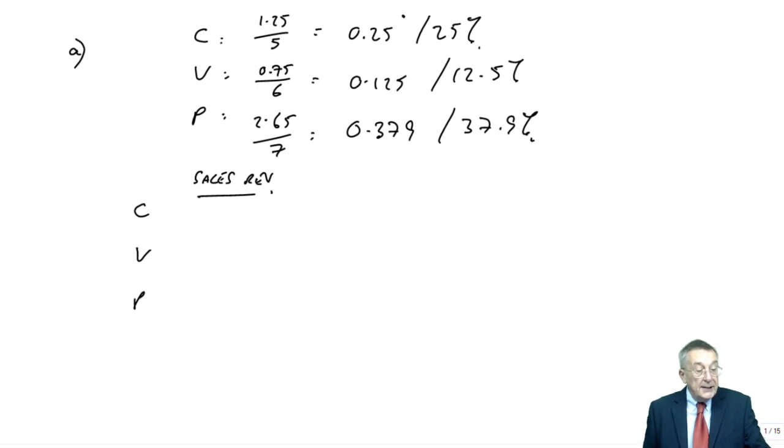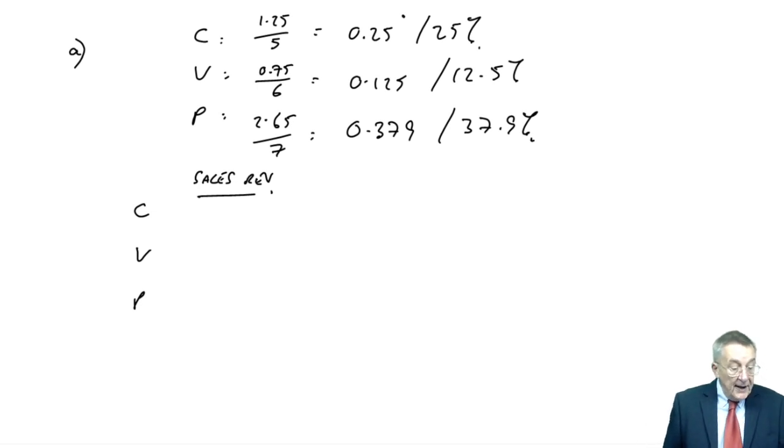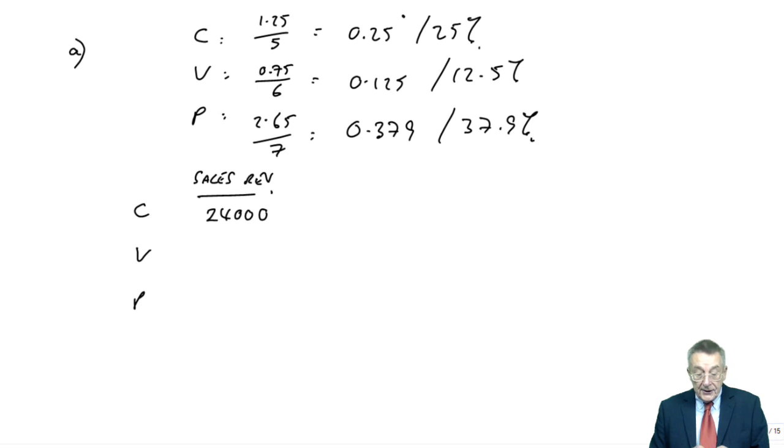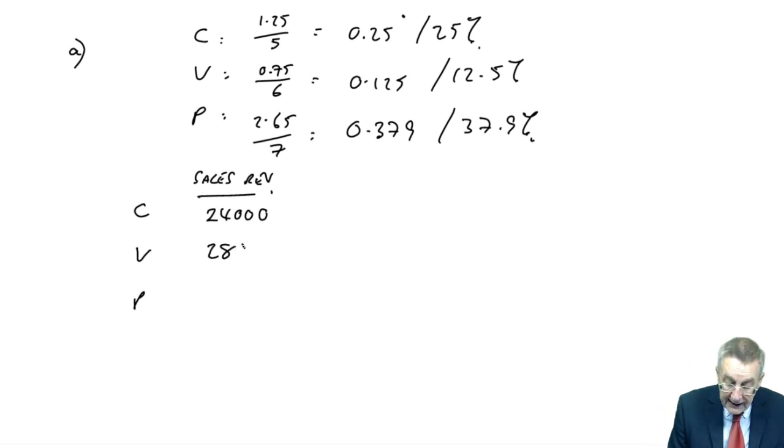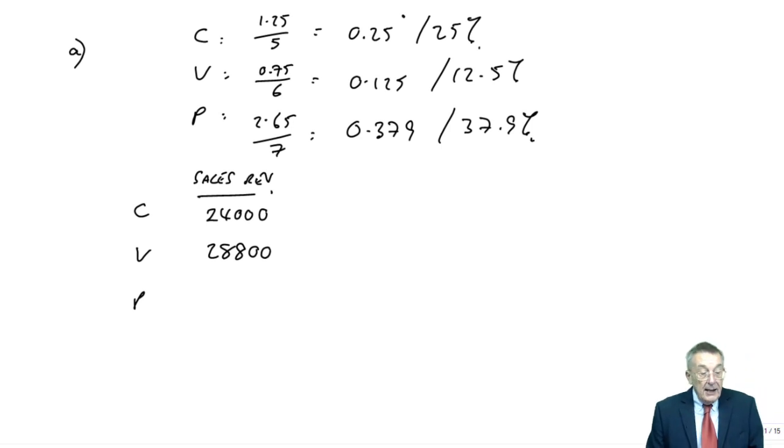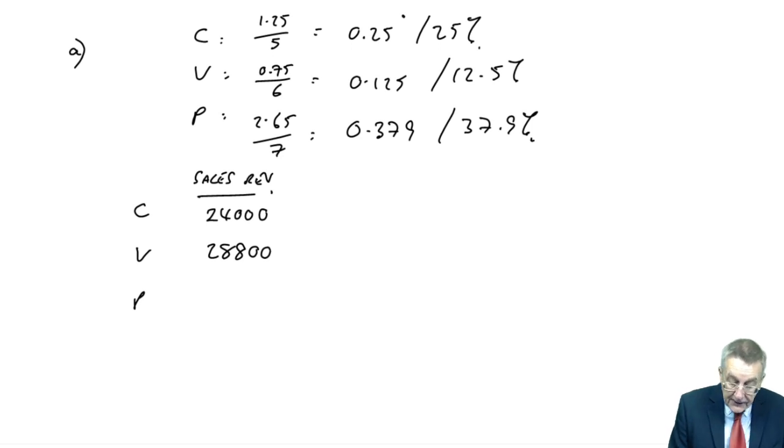C, 4,800 at $5 each is going to be 24,000. And for V, 4,800 at $6 each is total revenue of 28,800. And P, the total 12,000 units at 7 is 84,000.